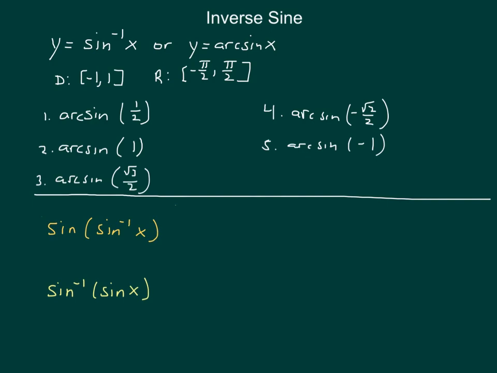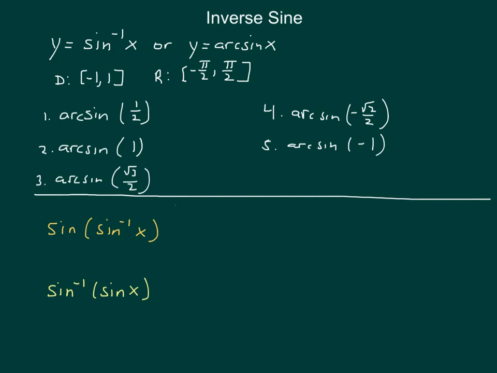But the idea here is that the domain of an inverse sine is going to be from negative 1 to 1. The range is from negative pi over 2 to pi over 2, which means that the answer to an inverse sine function must be an angle within that range.